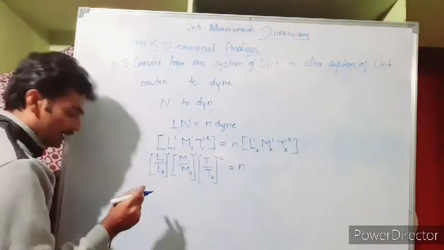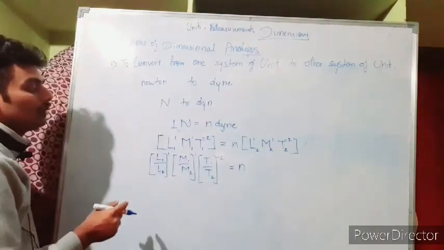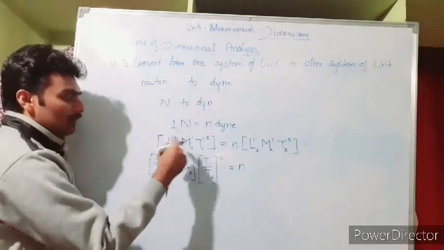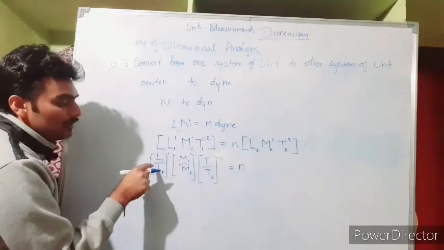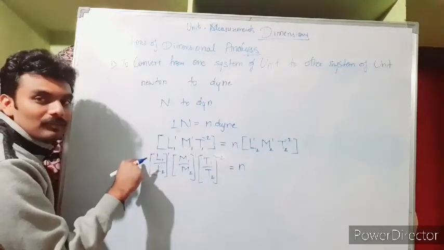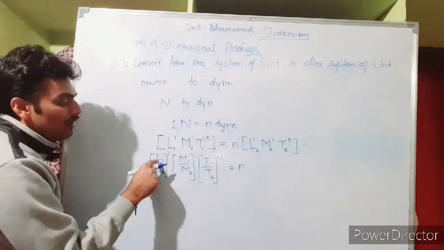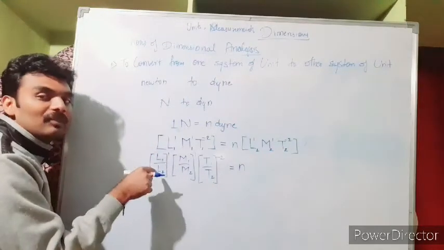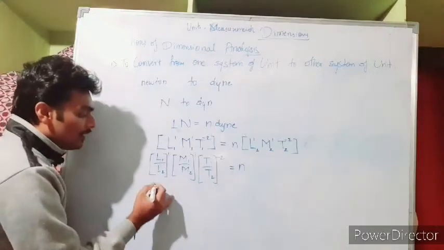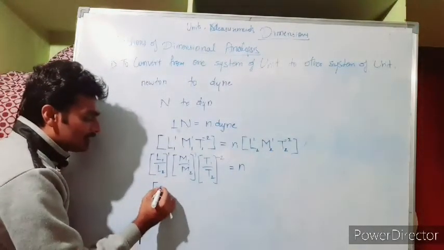What is L1? L1 is the dimension of length in SI system. So the dimension of length is taken as L1 for SI system, and in SI system the unit that we make use of is meter.